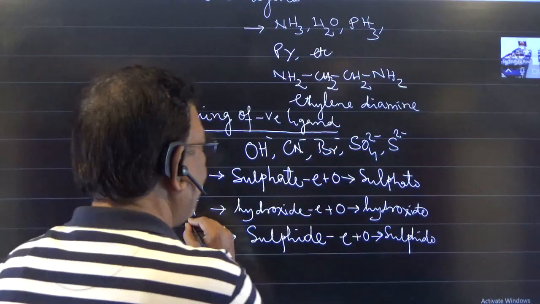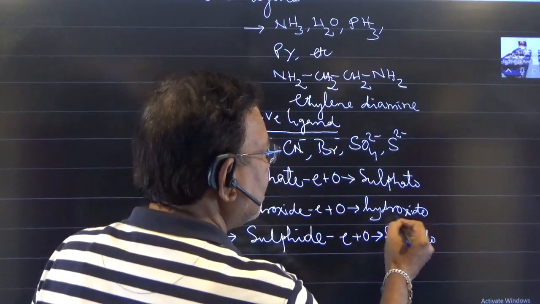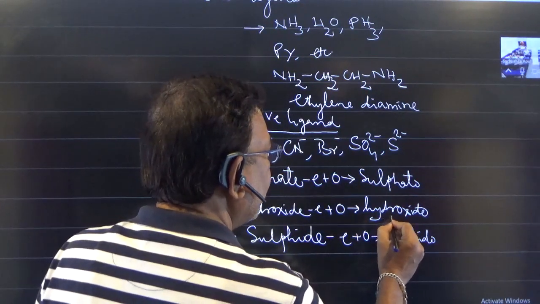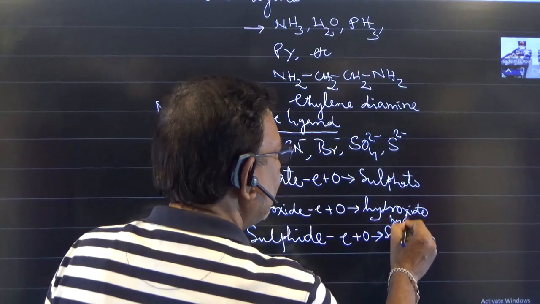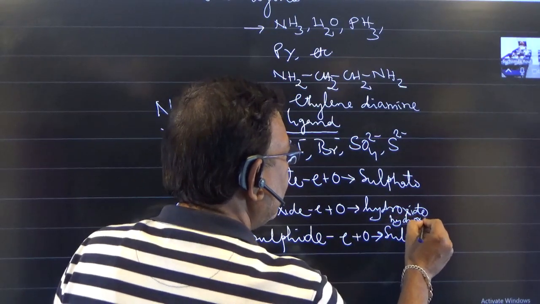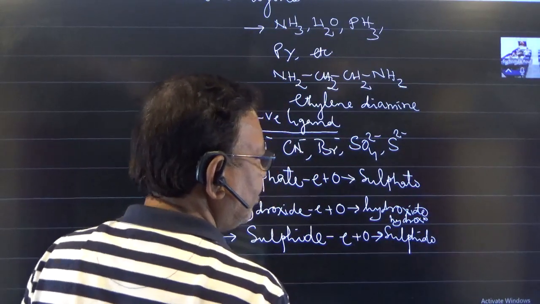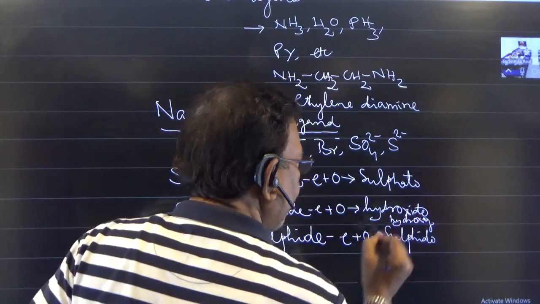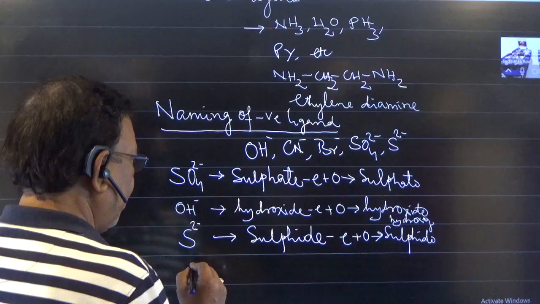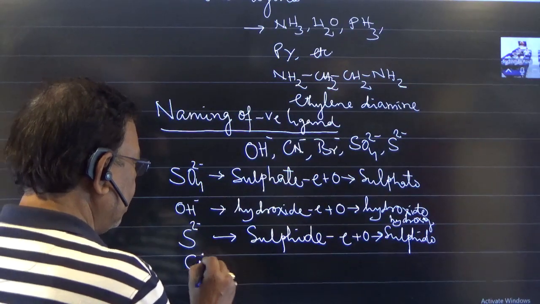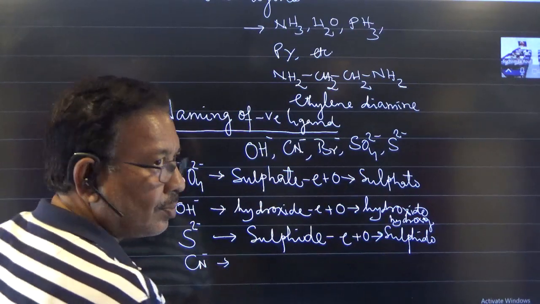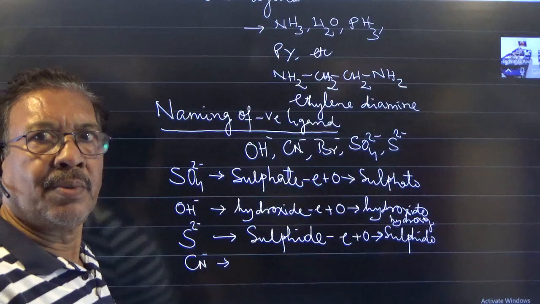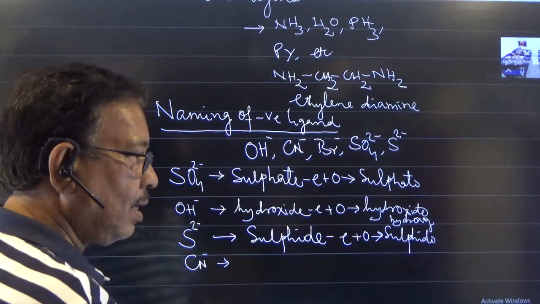So remember, for OH minus, hydroxido or other names are hydroxo and hydroxy. Is the last line visible?